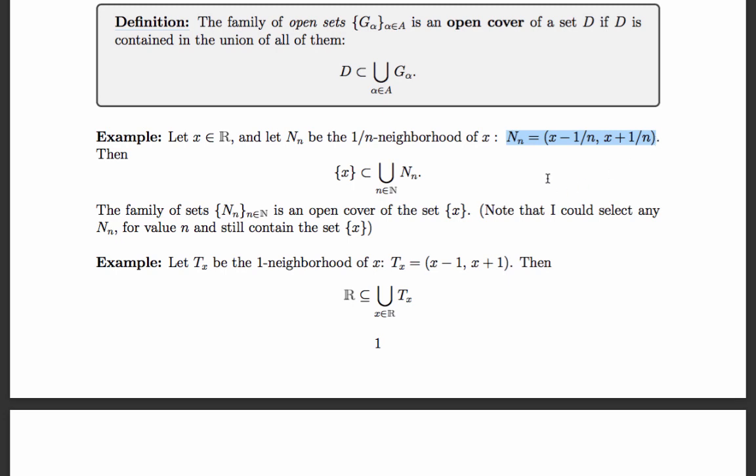That means the family of sets of all big N little n, for all little n in the set of natural numbers, is an open cover of the set of one entry X. Now, by the way, just observe that if I were to just pick big N little n for a single value of n, I would still contain the set that contains only the one element X.